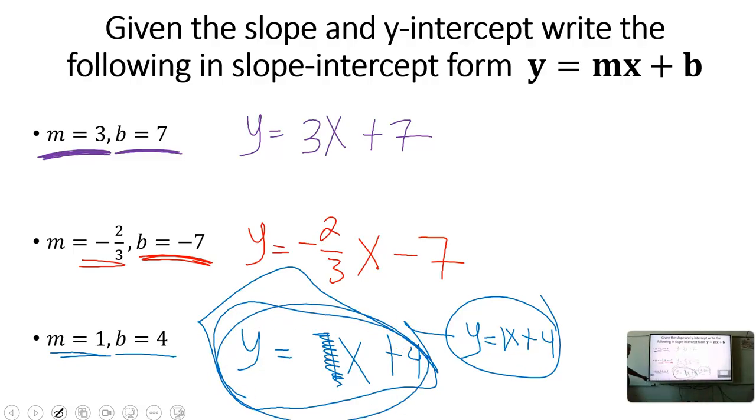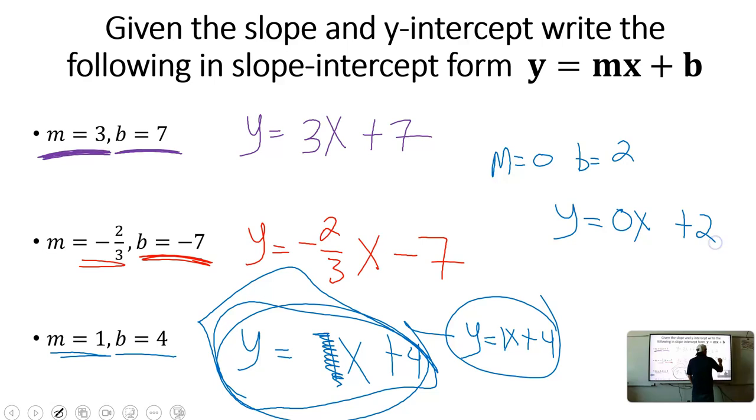Okay, and then, just real quick, another one. What if we had a slope of 0? We talked about slope of 0. If I had a slope of 0 and a y-intercept of 2, I would put the 0 in front of the x. So y equals 0x plus 2. But what is 0 times x? 0 times x is just 0.